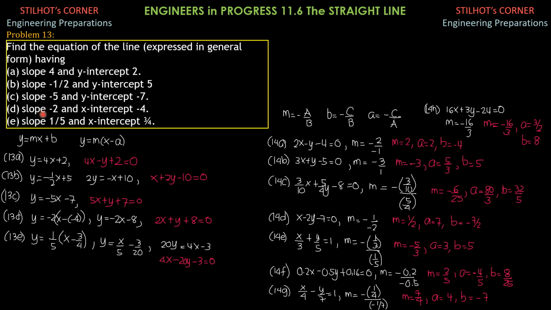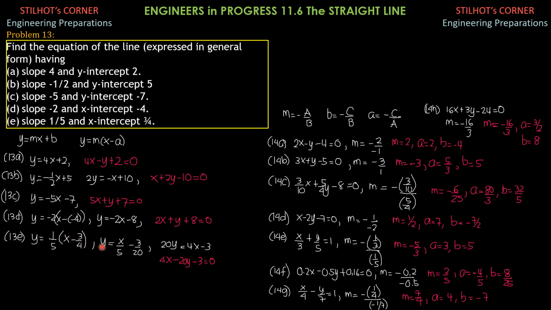13d, slope negative 2 and x-intercept negative 4. Substitute into this form here: y equals negative 2 times quantity x minus negative 4, so that's y equals negative 2x minus 8. Expressing in general form, 2x plus y plus 8 equals 0. 13e, slope 1/5, x-intercept 3/4, so y equals slope 1/5 quantity x minus x-intercept 3/4.